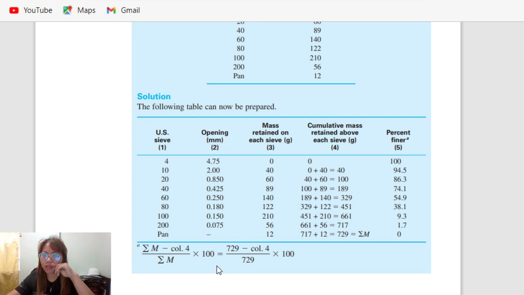Try to analyze: to get the percent finer, or the percent that passed a specific sieve, that is the summation, the total mass, minus the column 4, the cumulative mass retained above each sieve, divided by the total mass.